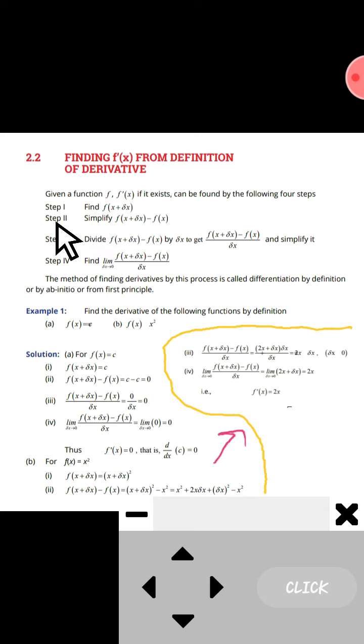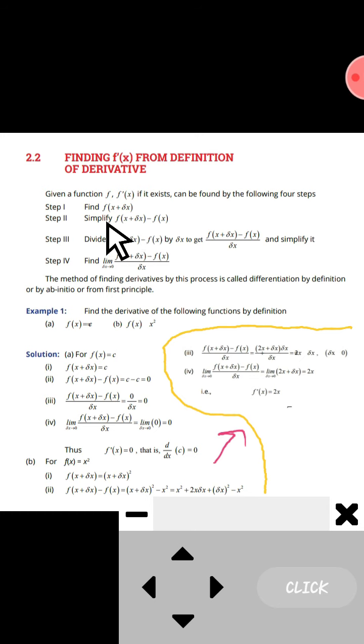We have step 2. We have to simplify f of x plus delta x minus f of x. It means we have to find the difference between the actual function and the changed function. So f of x plus delta x minus f of x, we have to simplify it.